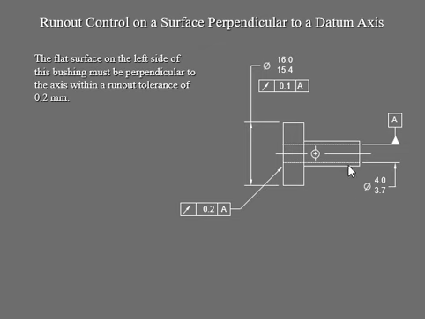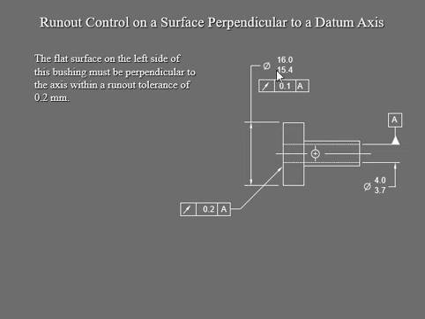So this example is a little bit different from the previous examples that we're doing. You have your flat surface on the left side of this tool, which is your bushing, that's got to be perpendicular to that axis, so we can see very easily, there's surface and then that. Of course, we have a different control, which is your runout control 0.2 and another diameter, which is from here to here.